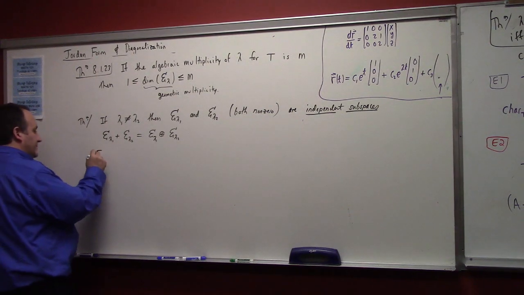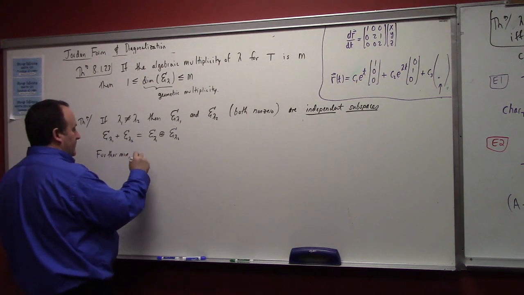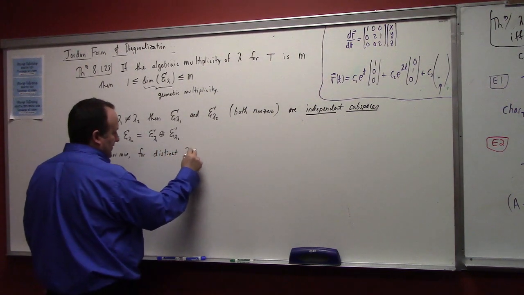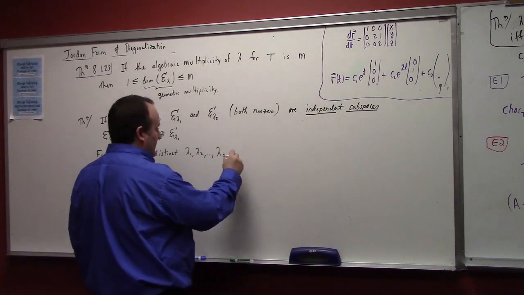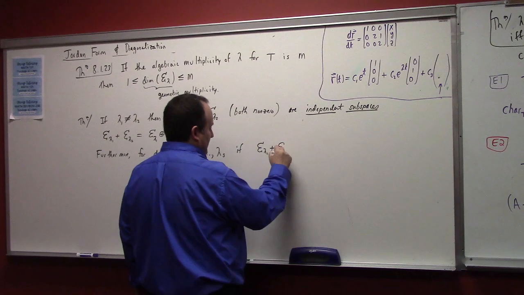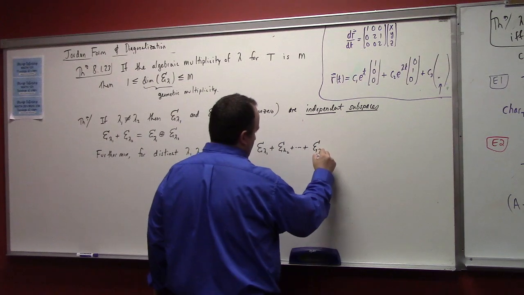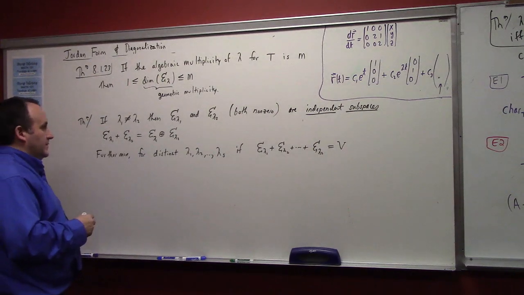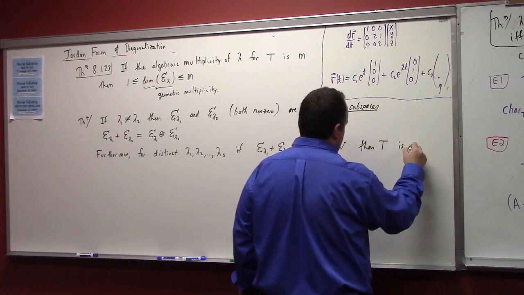So furthermore, for distinct lambda 1, lambda 2, and so on, let's say lambda s, if E lambda 1 plus E lambda 2 plus dot, dot, dot, plus E lambda s is equal to V, then T is diagonalizable.